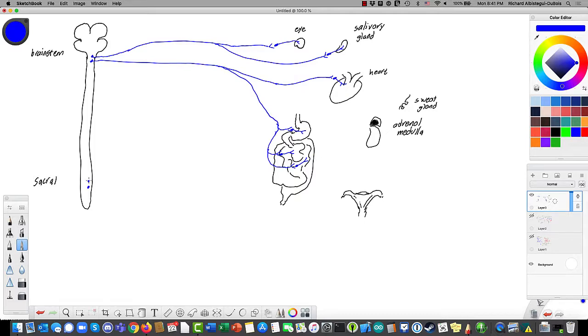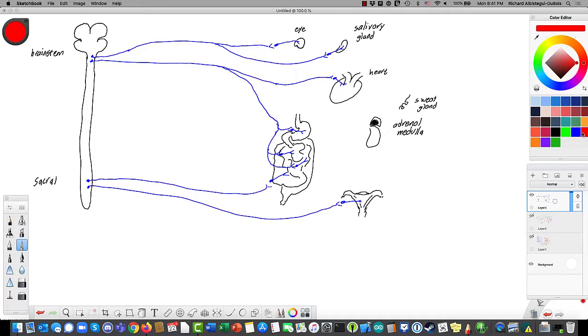And then from the sacral part of the spine, these preganglionic cells are the ones that are going to be innervating some of the lower down organs and the reproductive organs. So that's a kind of a crude example of the parasympathetic pathways that are starting up here, going to organs in the head and neck, and in the thorax and upper and kind of mid-abdomen. This would be the vagus nerve coming down here, actually all of this. And then the ones from the sacral spine go to some of the stuff lower down.